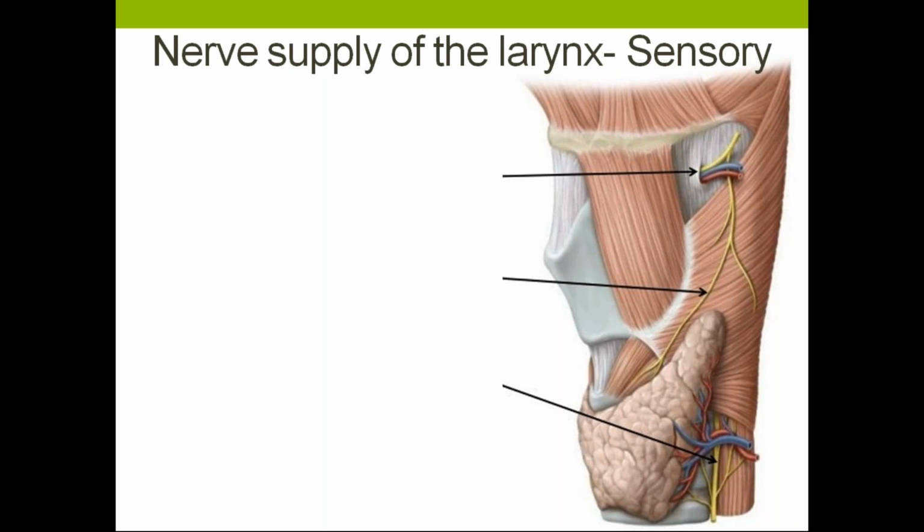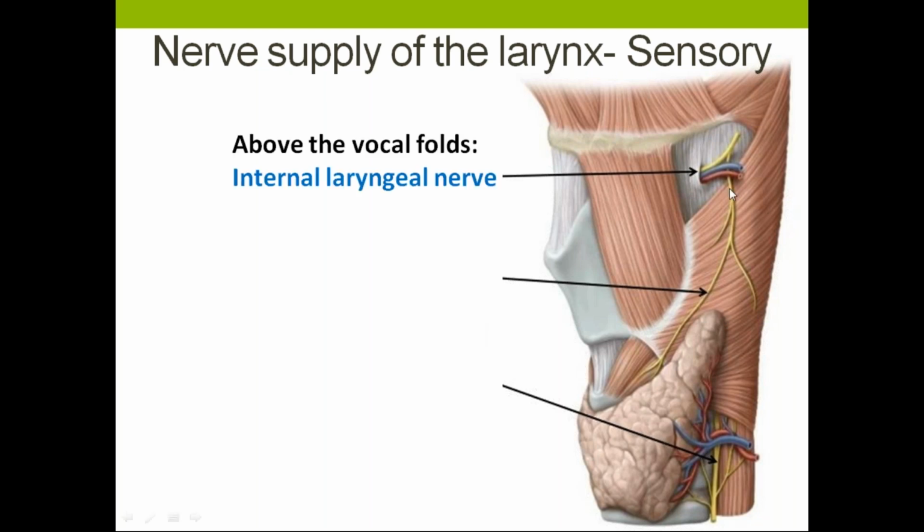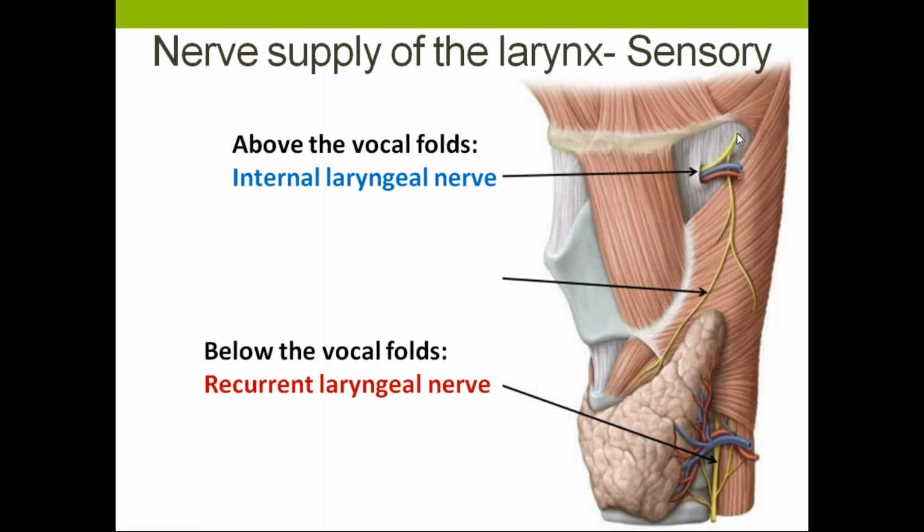You take the vocal fold as a distinct point, and the part above the vocal fold is supplied by the internal laryngeal nerve, which is a branch of superior laryngeal nerve, and the part below the vocal fold is supplied by the recurrent laryngeal nerve. So this is the sensory supply of the larynx.